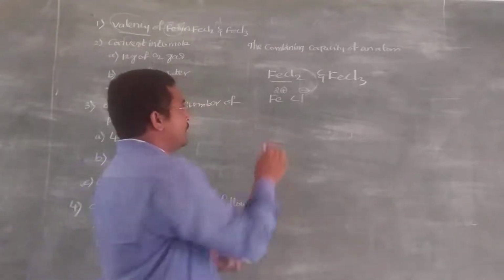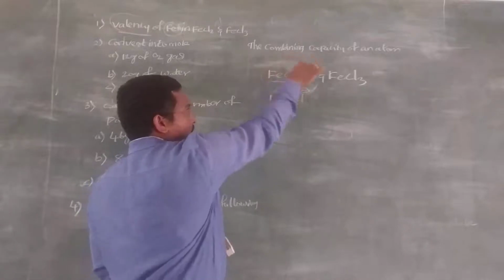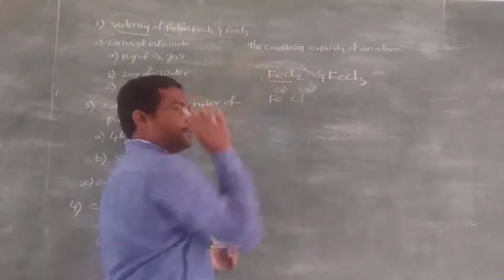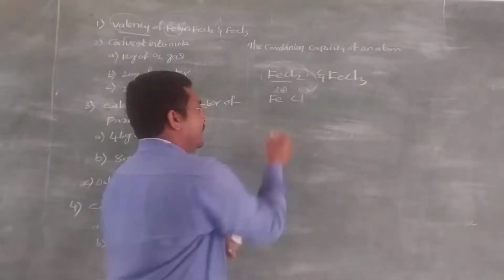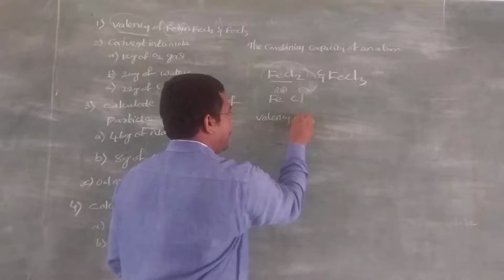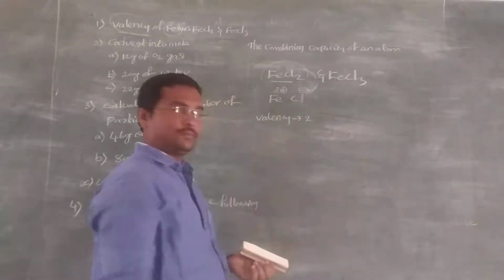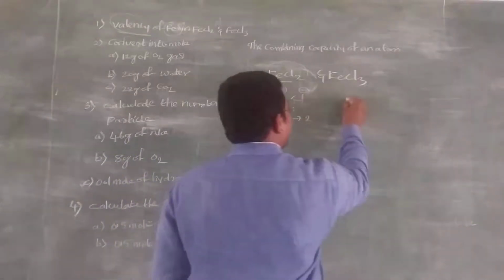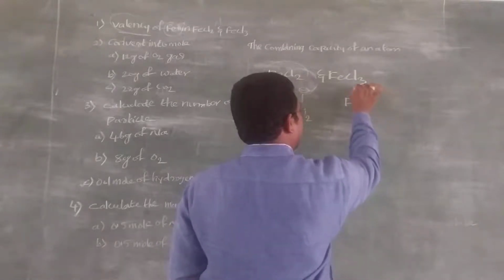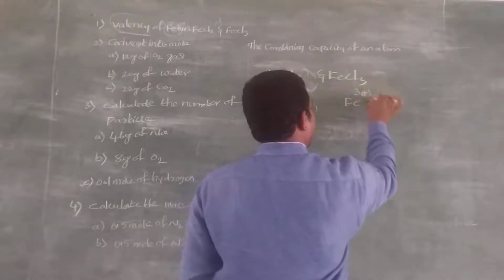Now in the formula FeCl2, what is the valency of iron? Note down: the valency of iron is 2. And here, write Fe3+ and Cl-.